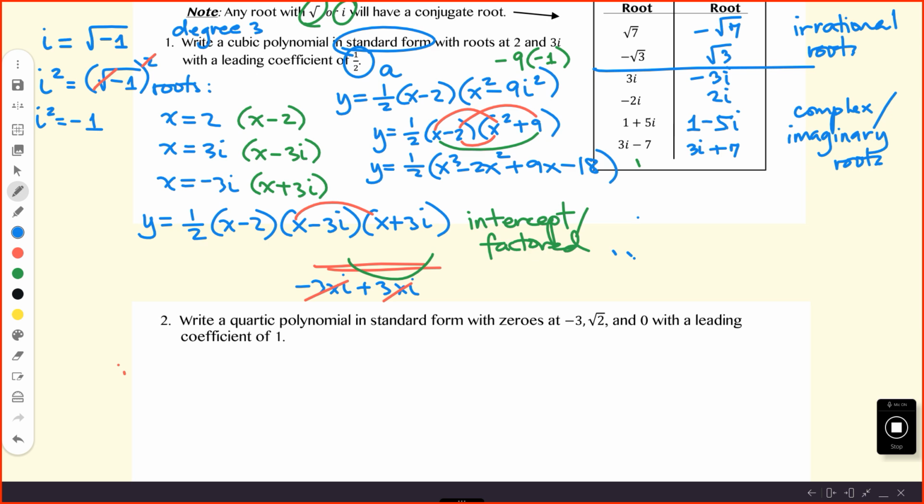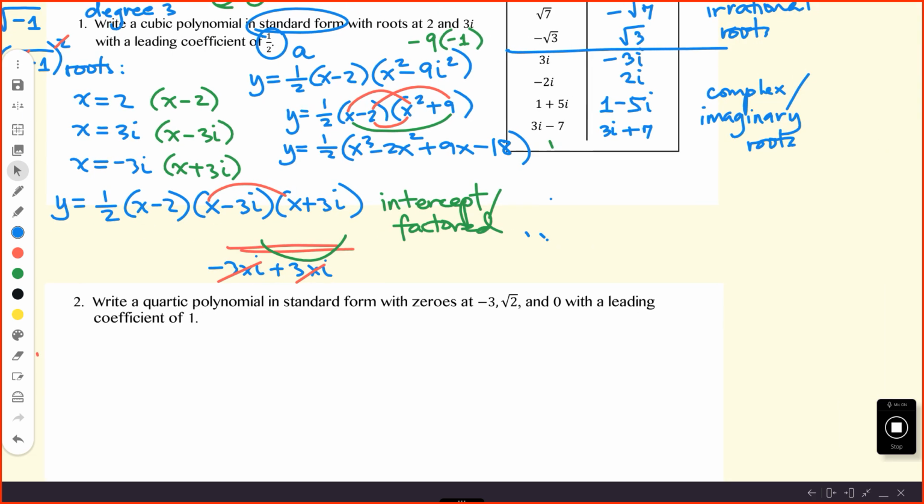Okay, you should know this skill, right? Using the FOIL or distributing or multiplying two binomials. Okay, then the final part is we just have to multiply all of that by 1/2. And it's going to give us the final answer.